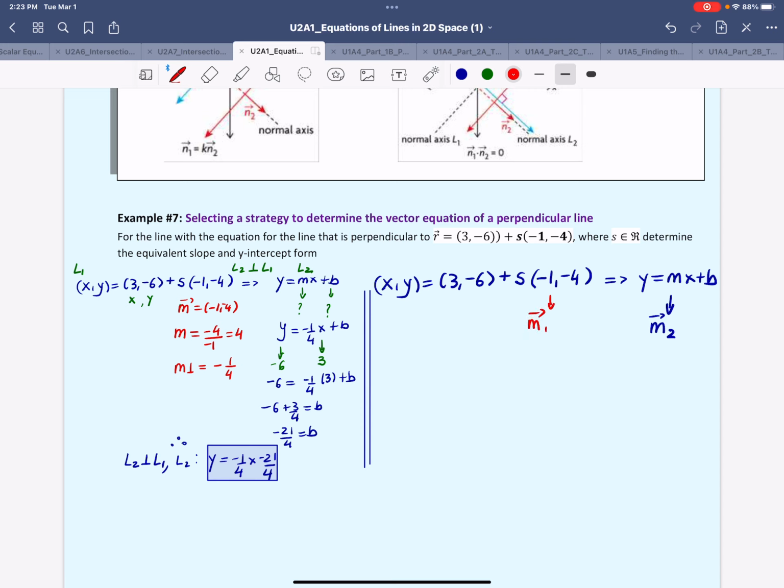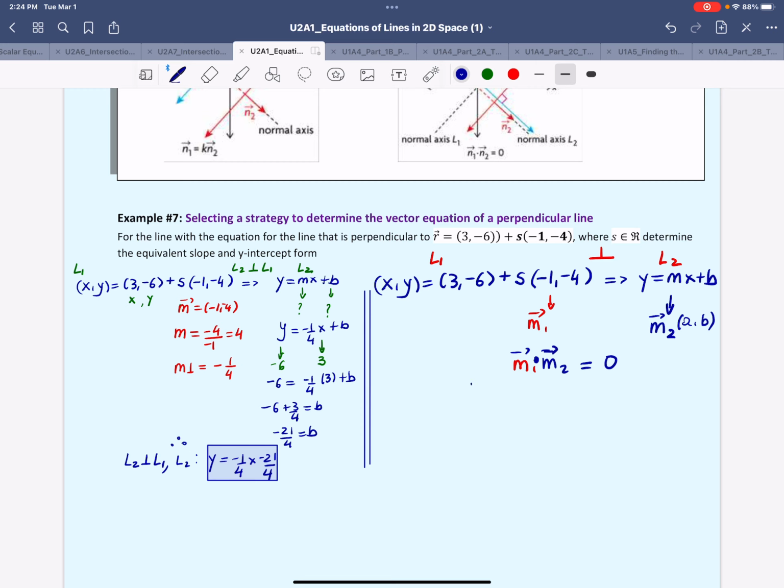So recall that, again, we had the line L1 and L2 perpendicular to each other. So if m2 has the coordinates a and b, then we're going to say that the dot product of their slopes, m1 and m2, or their direction vectors, would be equal to 0.